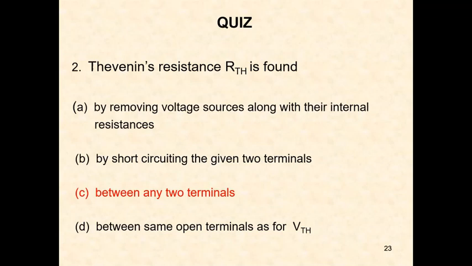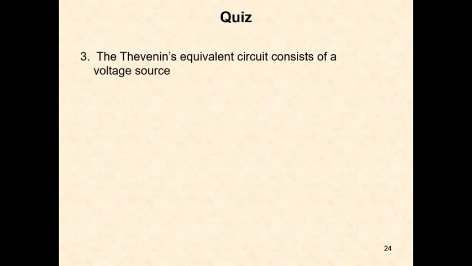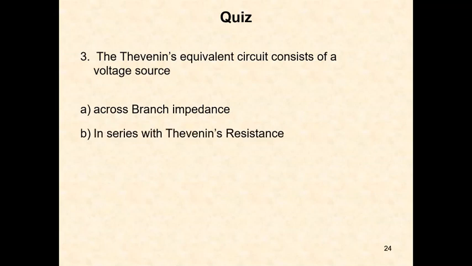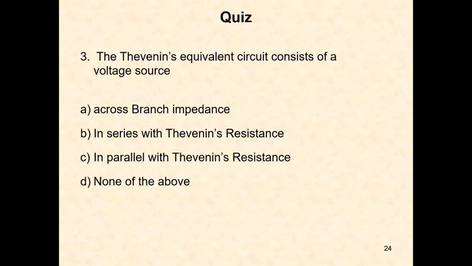That is the answer. Now the third question. The Thevenin's equivalent circuit consists of a voltage source across branch impedance in series with Thevenin's resistance, or parallel with Thevenin resistance, or none of the above. As we already discussed, in Thevenin's equivalent circuit, Thevenin's voltage source is in series with Thevenin resistance.